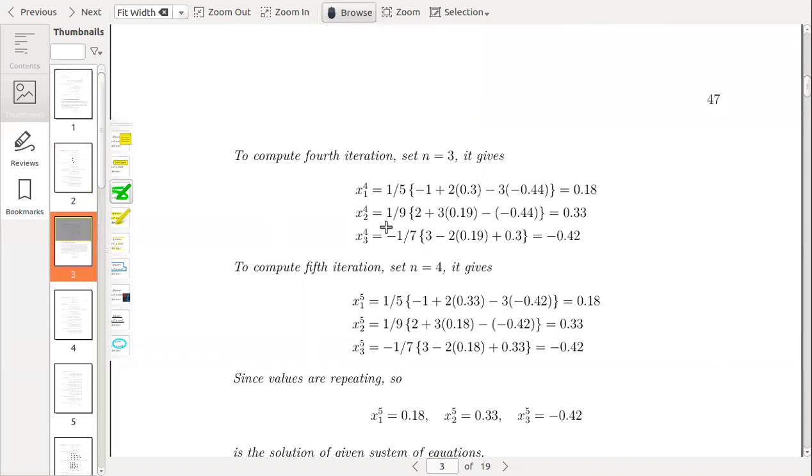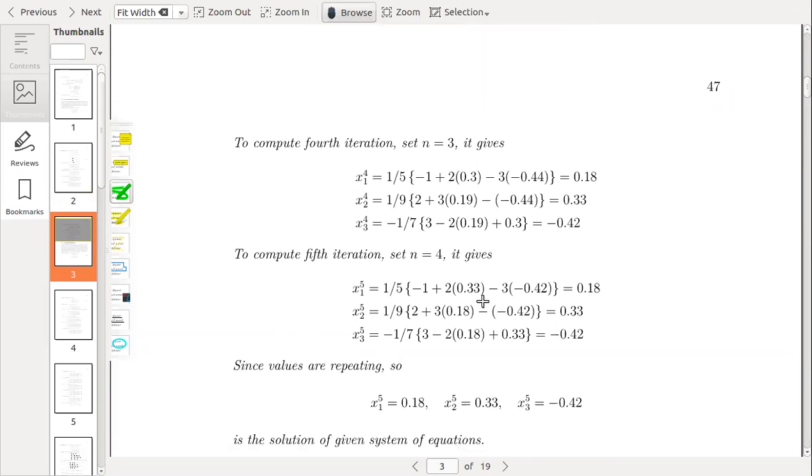Then the fourth iteration, fifth iteration, and at the fifth iteration, just observe that x1 power 4 has the value 0.18 and x1 power 5 has the same value 0.18. So if you subtract x1 power 5 minus x1 power 4, you will get 0.